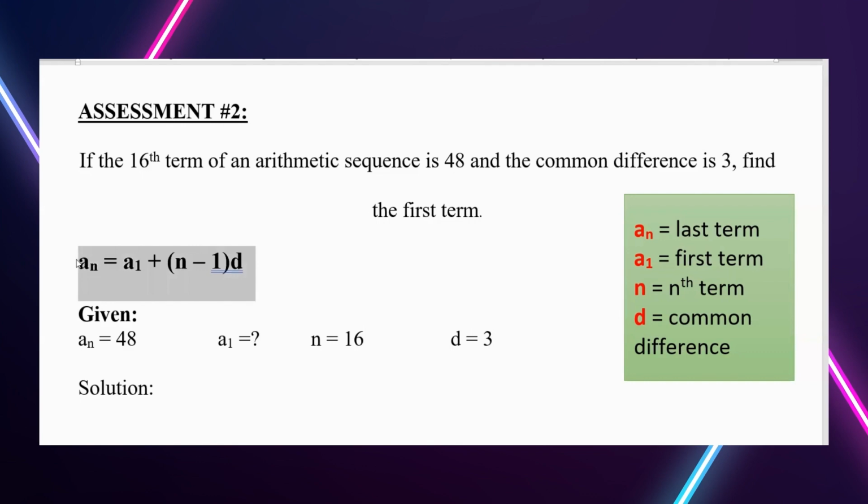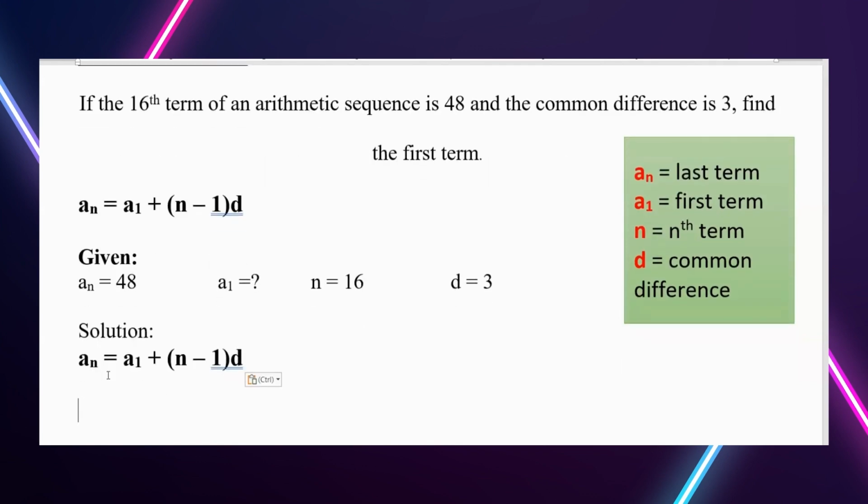Using the formula, we will substitute the values. Our a sub n is 48. The first term is unknown, plus the quantity of n, which is 16, minus 1 times the common difference, which is 3.